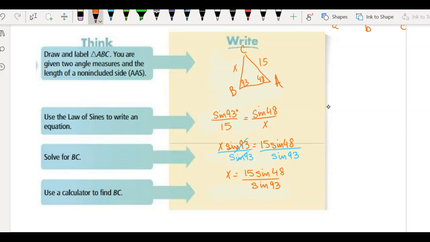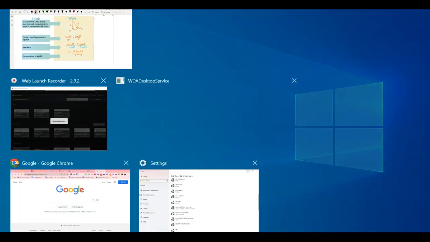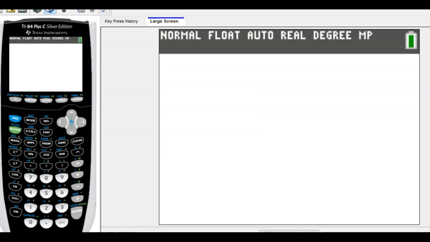So now comes the fun part. Now we get to enter it into the calculator. So I'm going to go to my handy dandy calculator. 15 times the sine of 48, close parentheses, and I'm just going to hit equals.